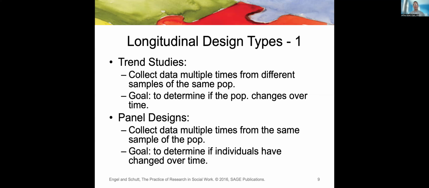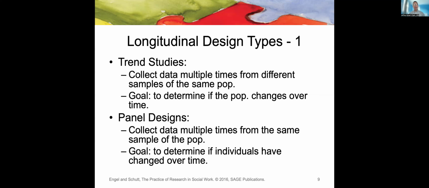Researchers will collect the data multiple times over the course of a year, but at the same time, it's different samples of people. So we need to understand, is this population changing over time? How are they changing?